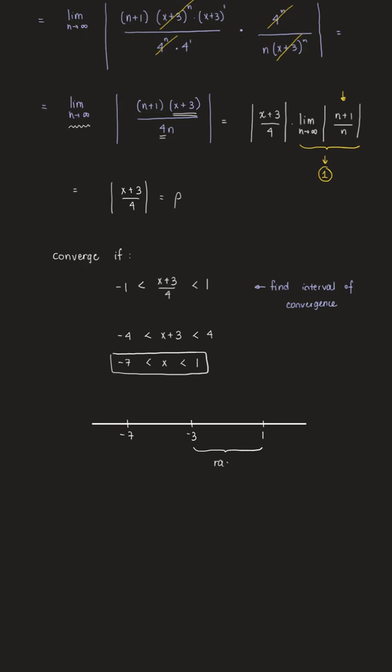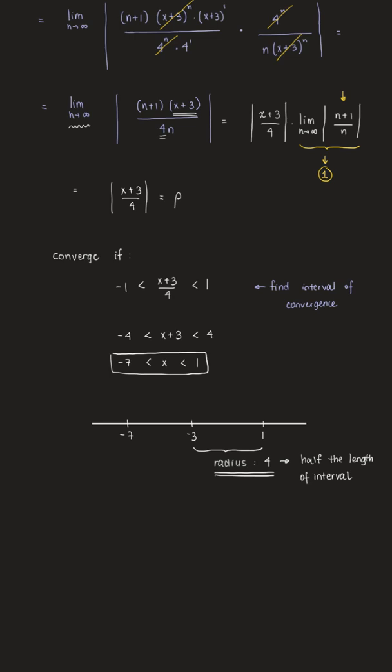The radius of convergence is always positive. It's equal to 4. Our interval of convergence here, from negative 7 to 1, has a length of 8. So we have found the interval and the radius of convergence, but there's one more thing we need to do.